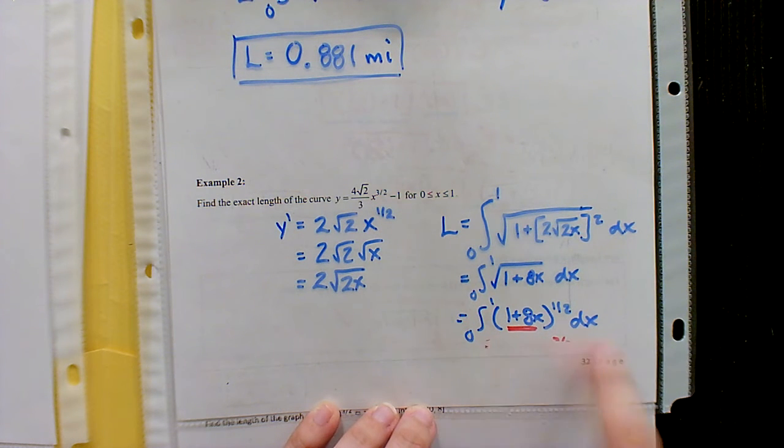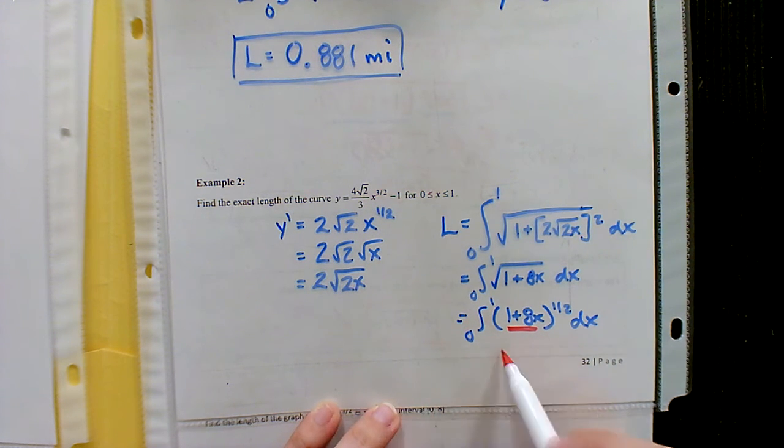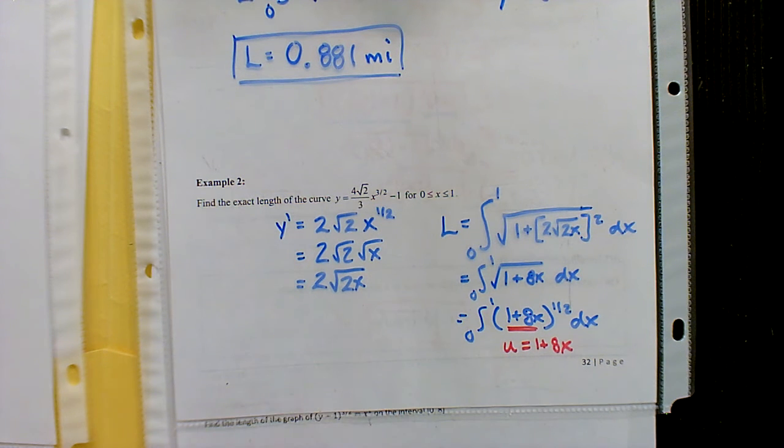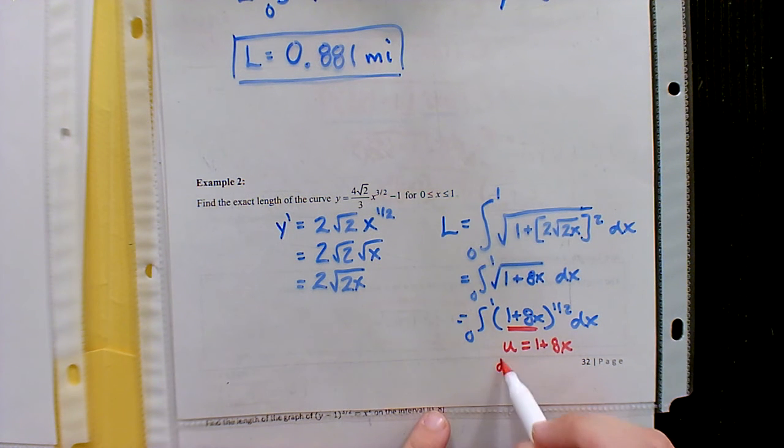Yeah, Caitlin? U substitution. We're going to do u sub. Okay, you have an inside piece. So then derivative du over dx would equal 8.